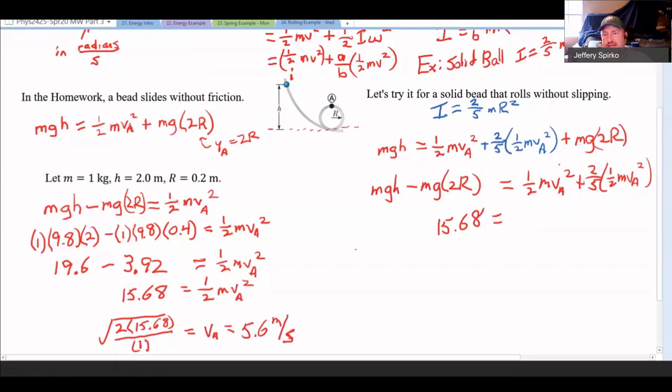So if we combine these things together, then this is going to be 5/5 of 1/2 mv sub a squared, and this one's going to be 2/5 of it. So that's a total of 7/5 of 1/2 mv sub a squared. So now to solve, we can just take 15.68 times 5/7 and get 11.2.